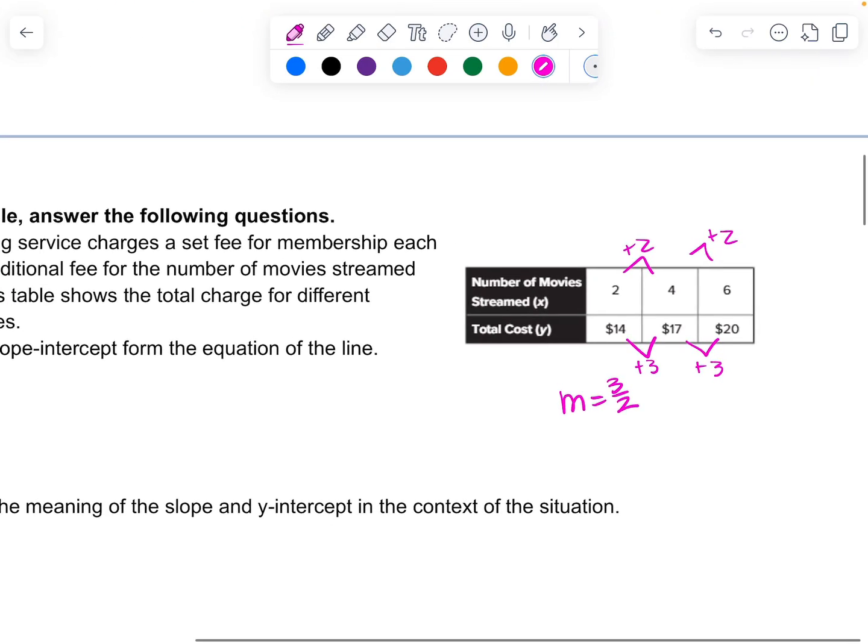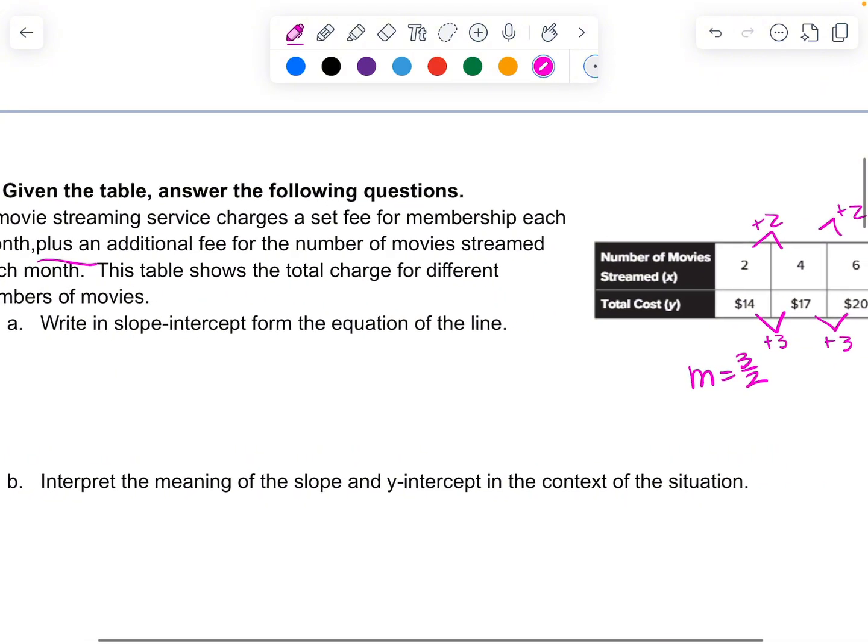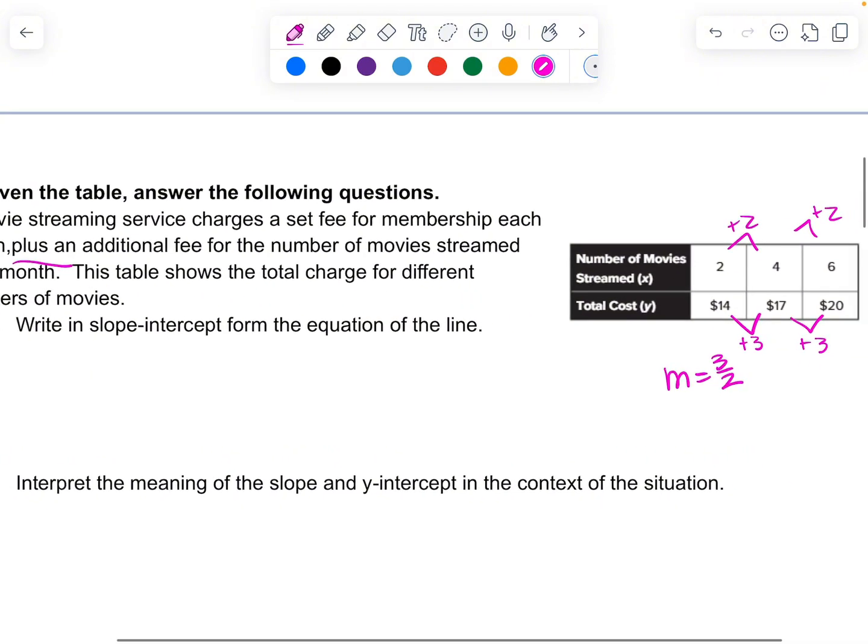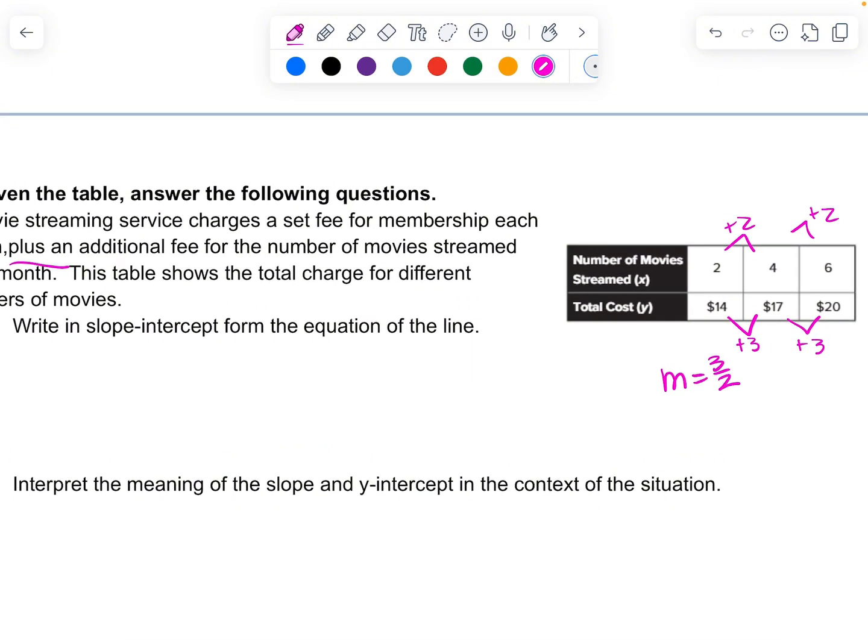Awesome. So we have that right in slope-intercept form. So I'm going to pick one of these. Well, the easiest way to do this would be if this was 0, so you add 2. Okay, what plus 3 is going to get 14? Wouldn't that be 11? That's the easiest way to do it.